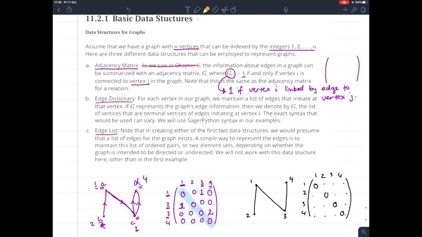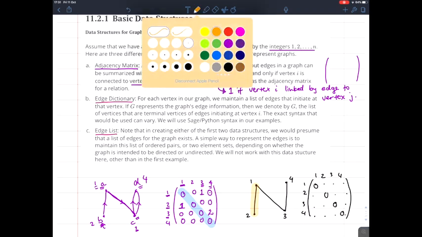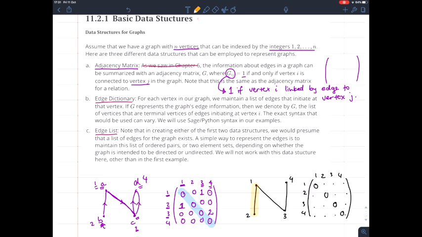But now, if we think about the edge that links 1 and 2, we can think of it as an edge from 1 to 2, but equally as well from 2 to 1. So in fact, we're going to put two entries representing this edge. We're going to put an entry from 1 to 2, and we're also going to put an entry from 2 to 1.